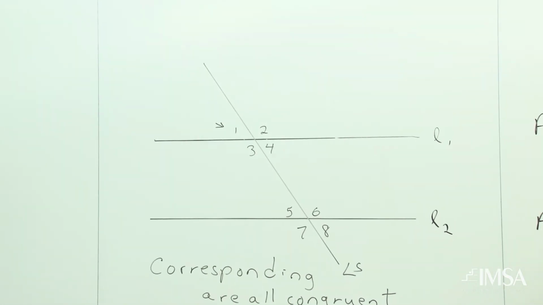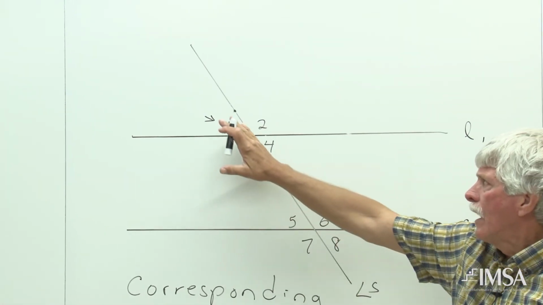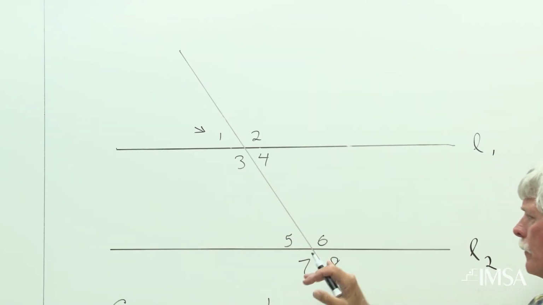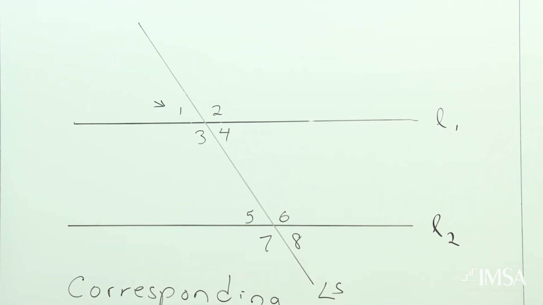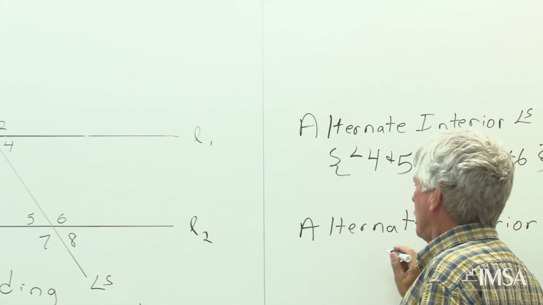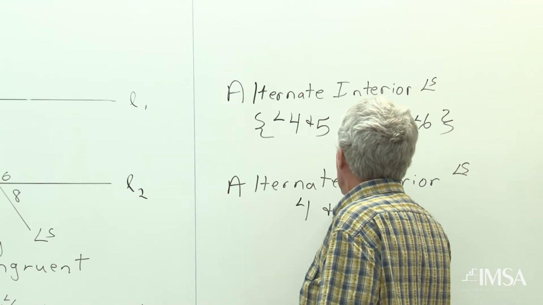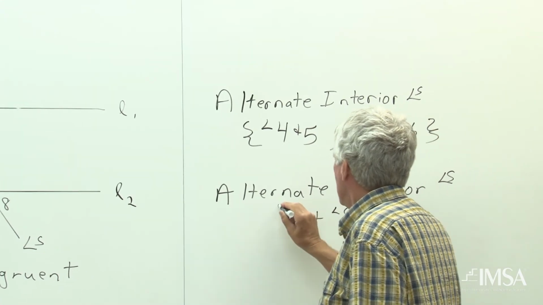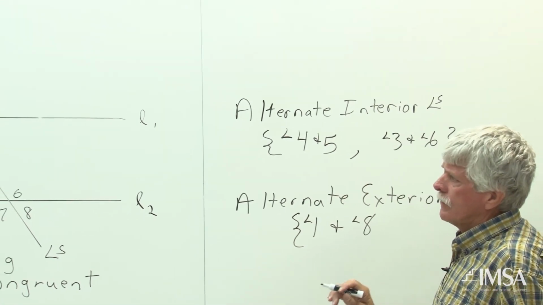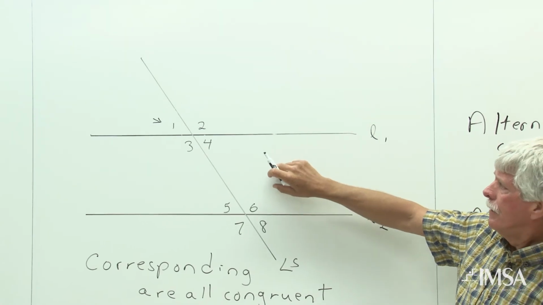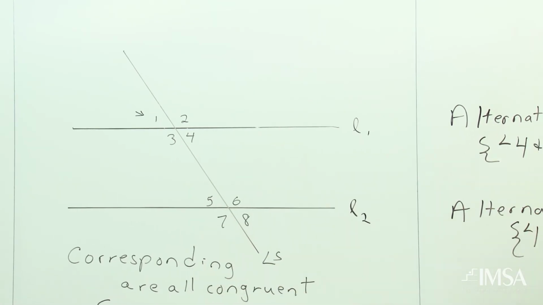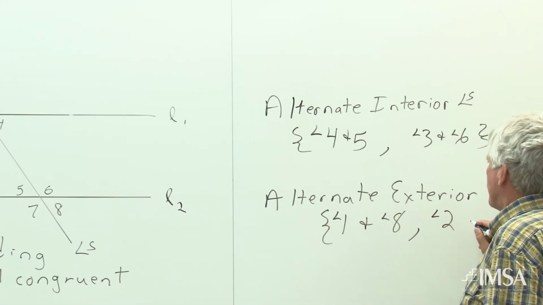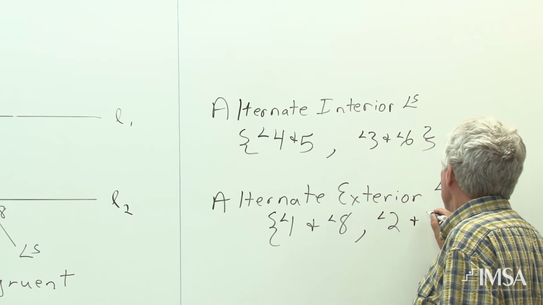So if we look at these up here, we have angle 1, which is outside on this side of the transversal, and angle 8. So that is one of the alternate exterior angle pairs, angle 1 and angle 8. And the other one, take a moment. That's right, angle 2 and angle 7. They are also alternate exterior angles.